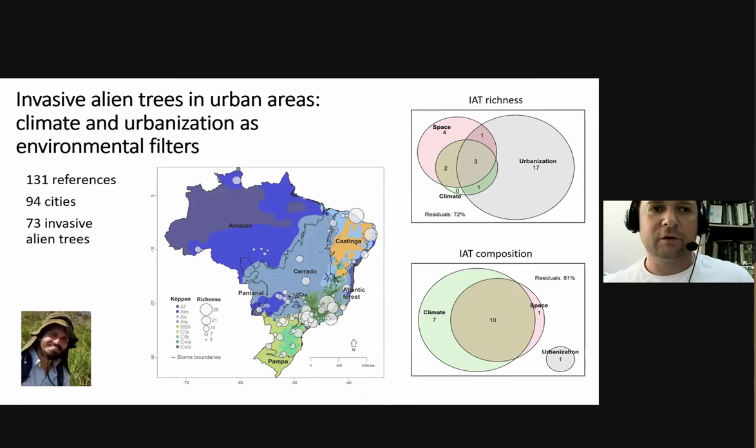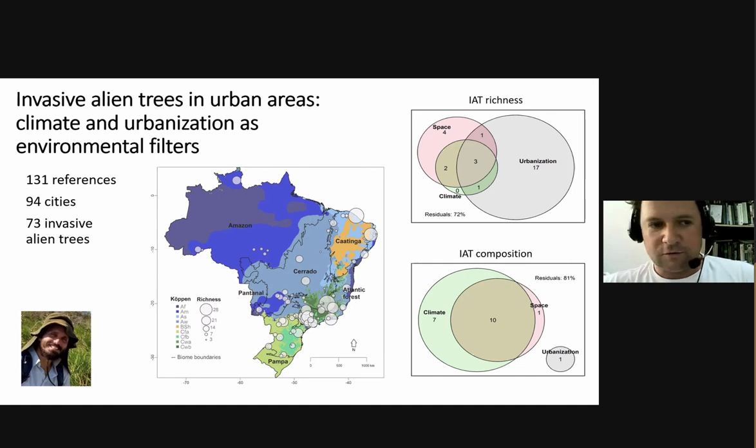Another thing we have going on is looking at the invasive alien trees in urban areas. For this, we are working only with data from Brazil, from Brazilian cities, where we are comparing the role of climate and urbanization as environmental filters for invasive alien trees in urban areas. So we collected about 131 scientific papers on lists of invasive alien species, or invasive alien trees, sorry, in urban areas.